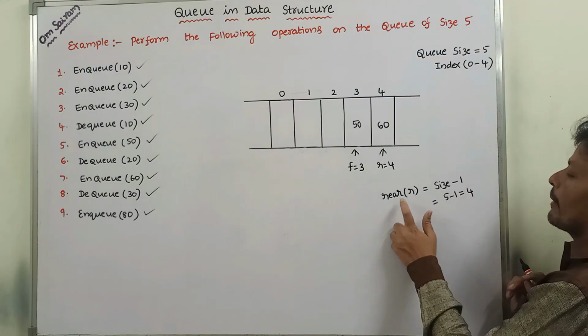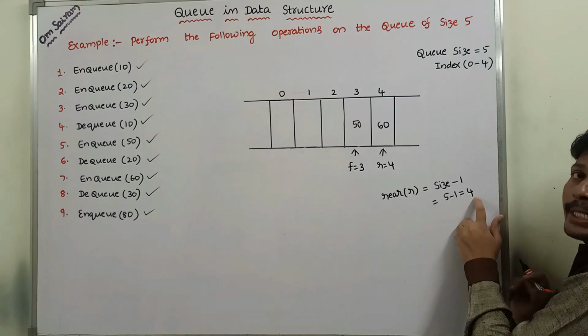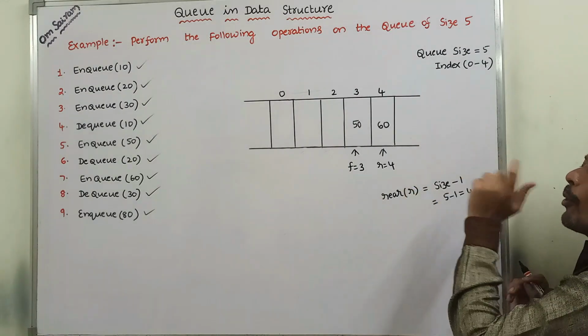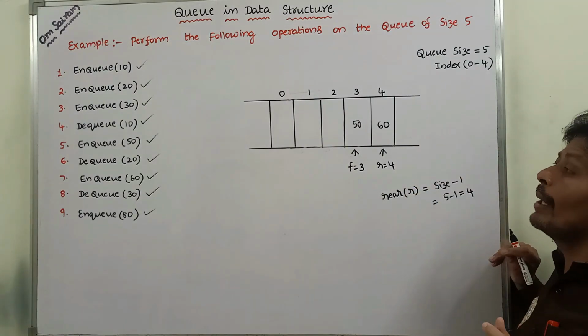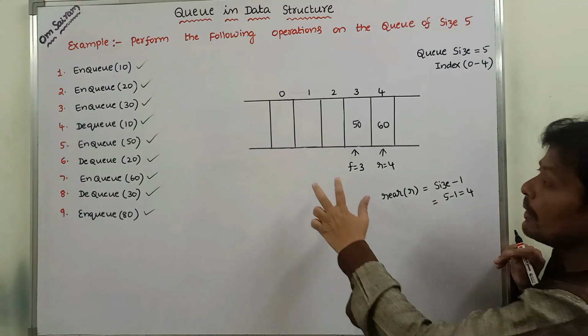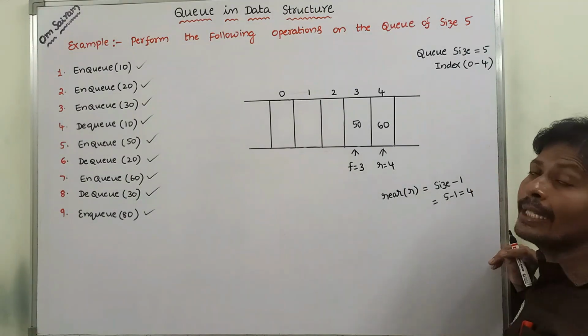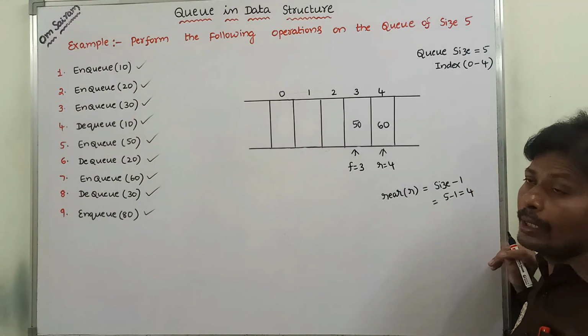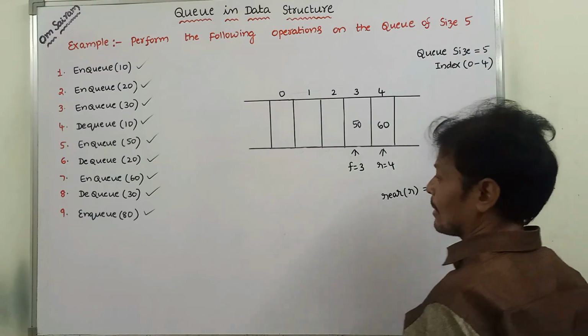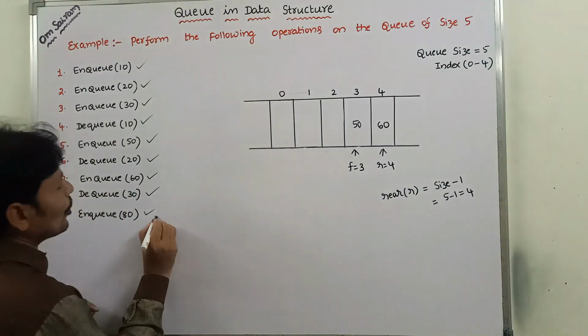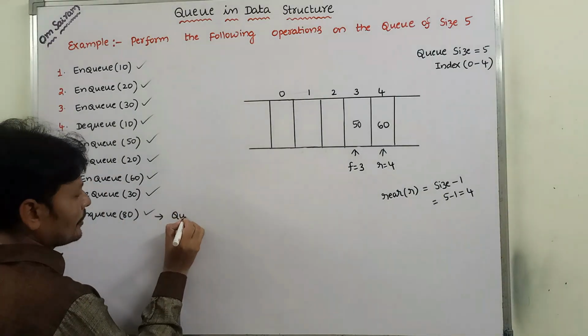Whenever the rear pointer is pointing to index 4, it is not possible to insert an element into the queue even though 3 empty slots are available. That situation is called the queue overflow condition.